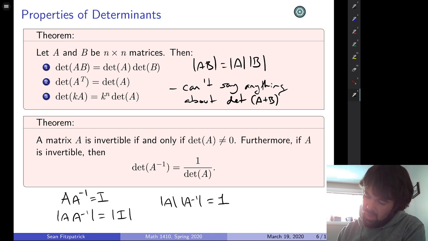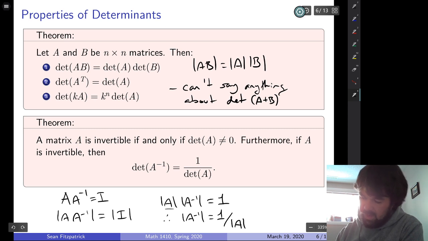Okay? And now you can see it. If A has an inverse, the determinant can't be 0, because if this was 0, there's no way I can multiply by another number and get 1. So the determinant of A has to be non-zero, and since it's not 0, you can divide by it. And the determinant of A inverse is 1 over the determinant of A, right?